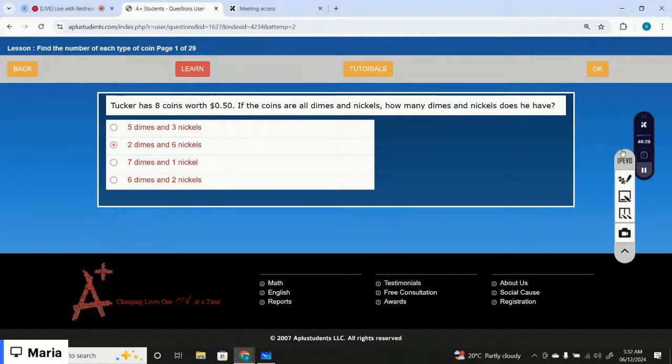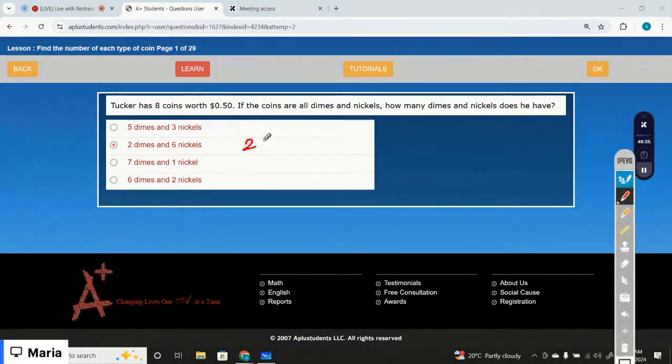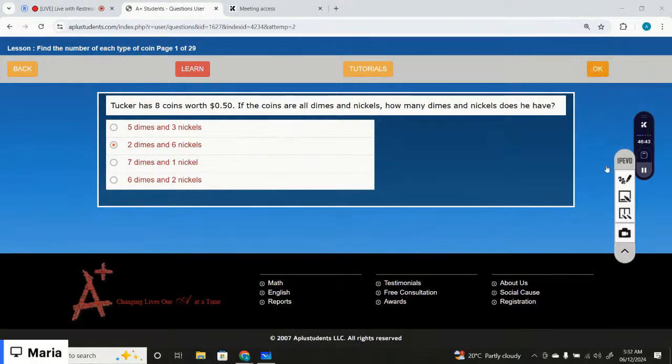Option number two is the correct option. Two dimes make 20 cents, and six nickels make 30 cents. So together they make 50 cents. Option number two is the correct option.